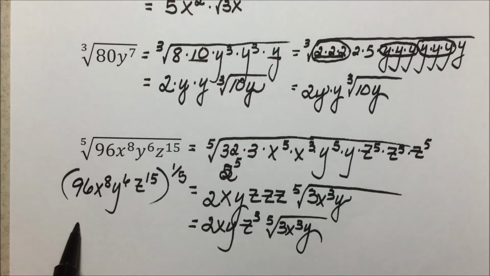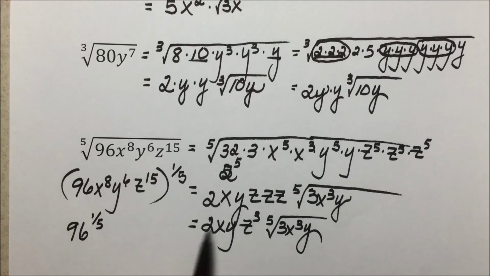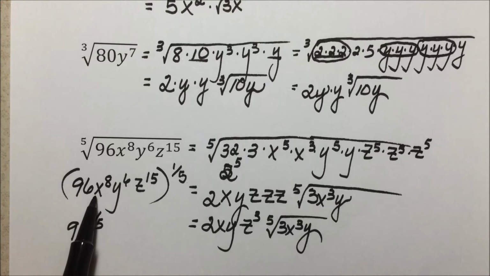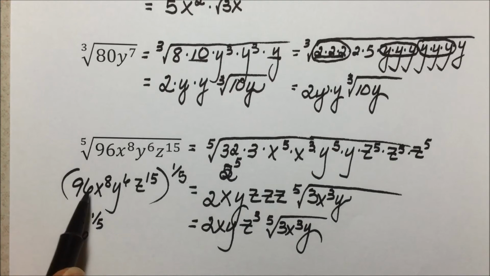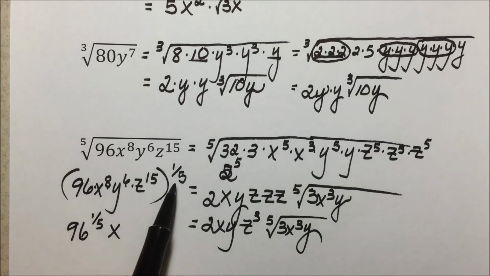I'm going to ignore the 96 to the 1/5 power. We handled that here by using our prime factorization. But if you look at the exponents, what we have is a product raised to a power. So each one of these is raised to that 1/5 power.